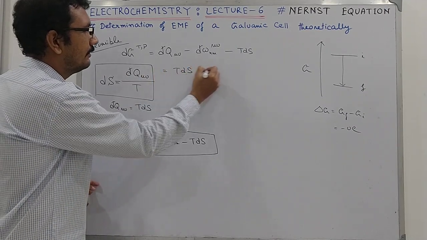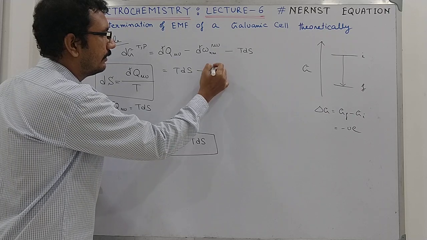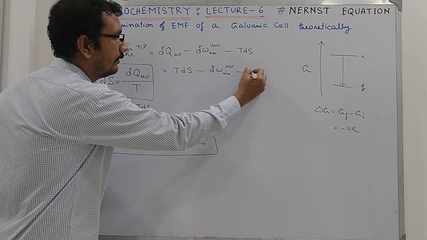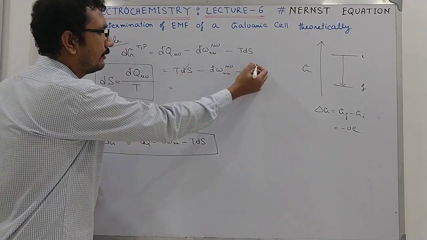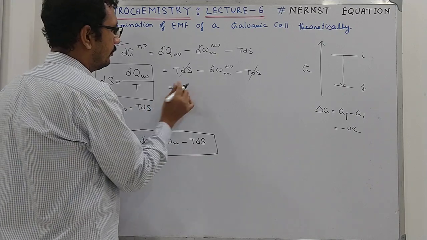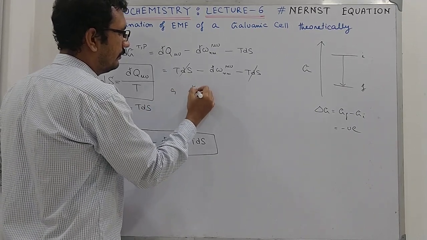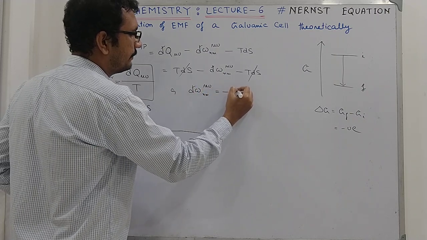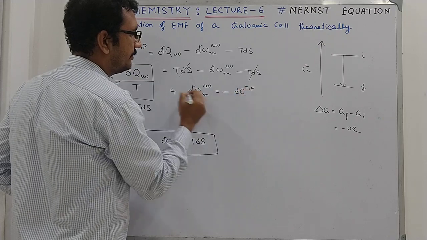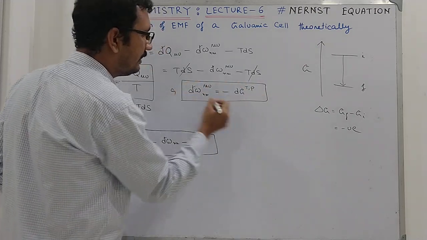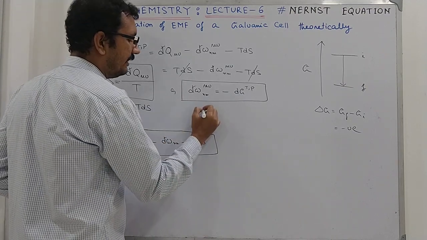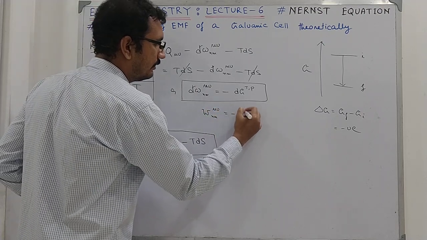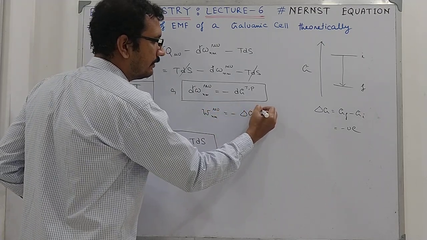So it will be TdS minus đW non-mechanical reversible minus TdS. This will cancel. So you have đW non-mechanical reversible equal to minus dG at T, P. So you get this. Now this is for the infinitesimal change. For finite change, what will it be? It will be W non-mechanical reversible equal to minus ΔG at T, P. This is for the finite change.